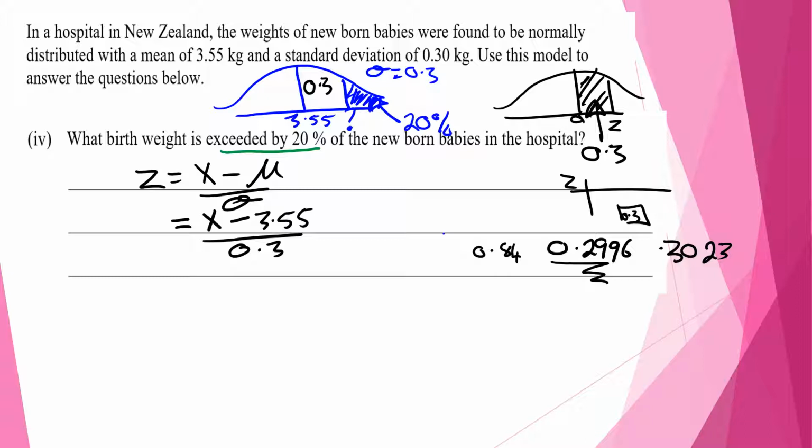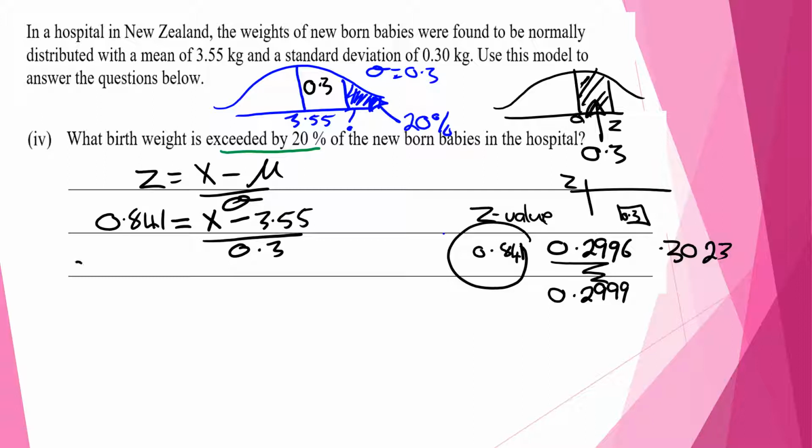Now I know that I'm still a little way off, and I can add a decimal point of 1 and get a value of 0.2999, which is extremely close to 0.3. So that's the z value I'm going to work with. Okay, so let me put that in here now. 0.841.